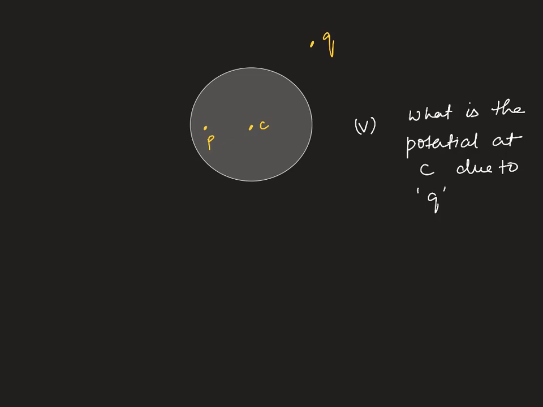Now you know that we have already discussed the distance, and the distance was something R. So the formula of potential due to a point charge is very simple. The potential is coming out to be KQ upon R. Now I want you to focus at the sixth question. This one is important here.